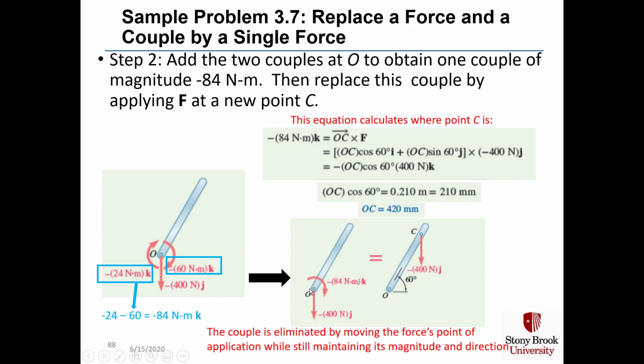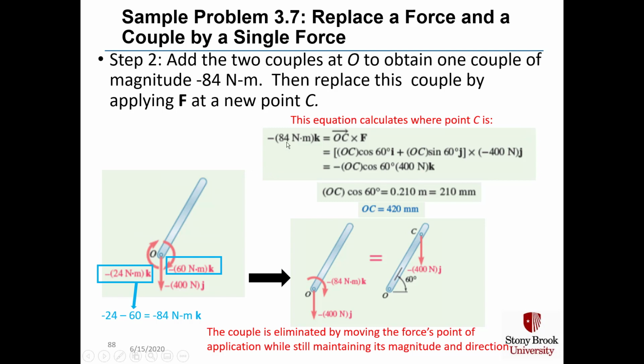Now we have to find where along this shaft we locate point C such that a minus 400 Newton J force at point C will create a minus 84 Newton meter couple in the K direction.